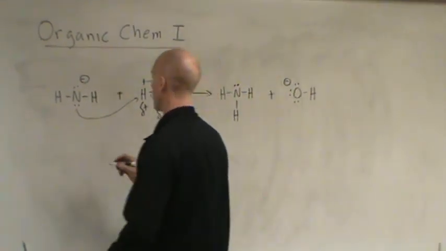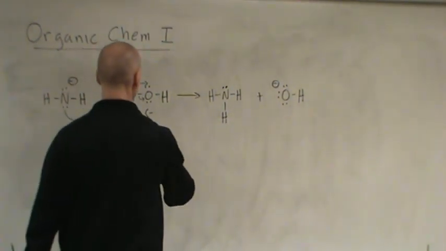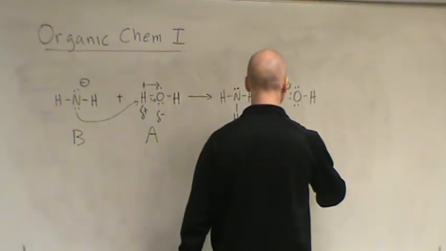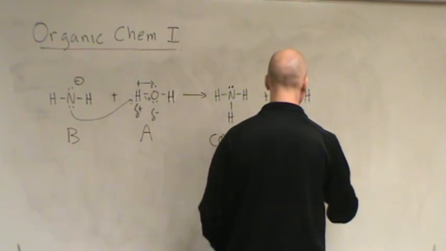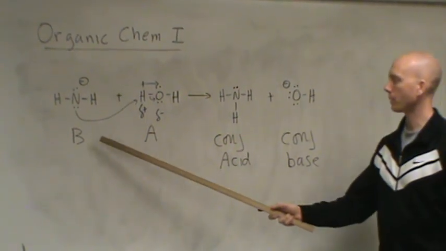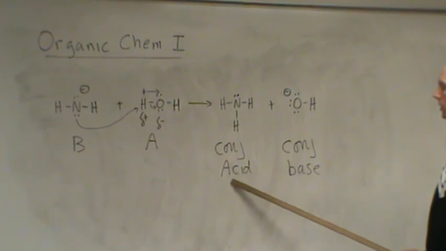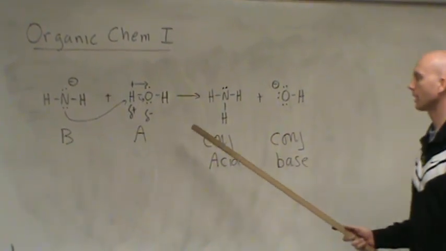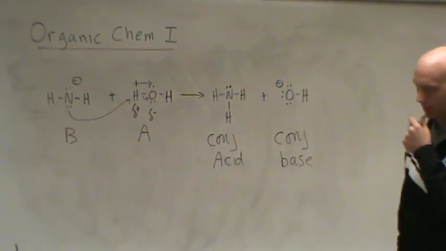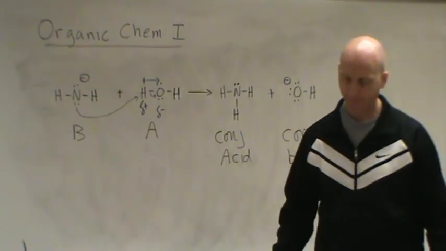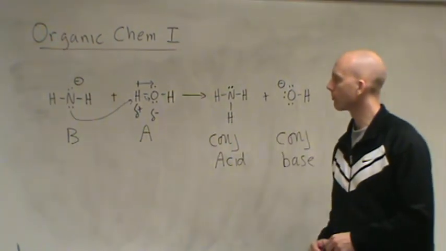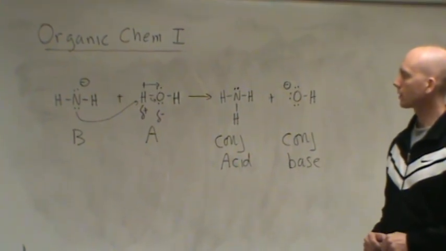So if we label once again, we get this labeling here where the base gains a hydrogen, so it becomes the conjugate acid, and the acid has lost a hydrogen, so it becomes the conjugate base. Okay?